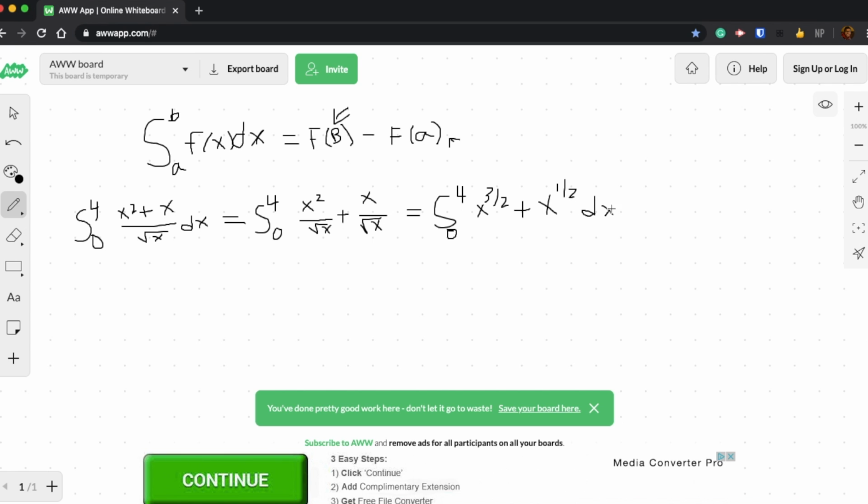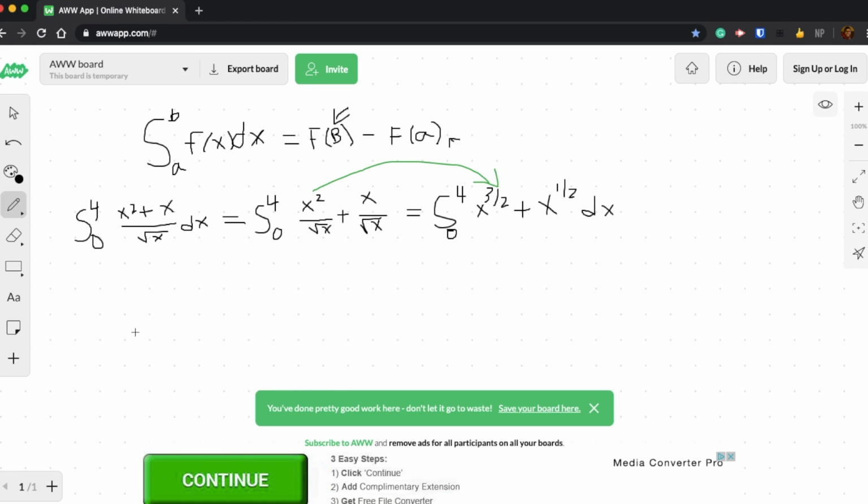This is the big step right here: turning this fraction into an exponent. Essentially, you'll just multiply by the denominator and you should get x to the 3 halves plus x to the 1 half.